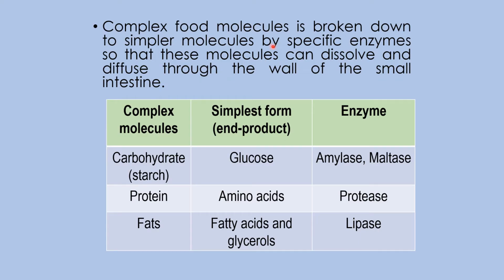Complex food molecules are broken down to simpler molecules by specific enzymes so that these molecules can dissolve and diffuse through the wall of the small intestine. The three main food types: carbohydrate, or starch, has the end product glucose, and the enzymes that digest it are amylase and maltase.